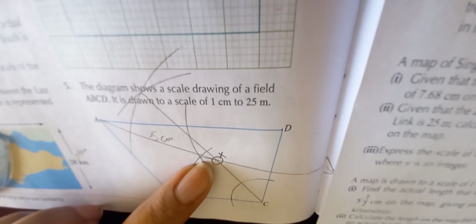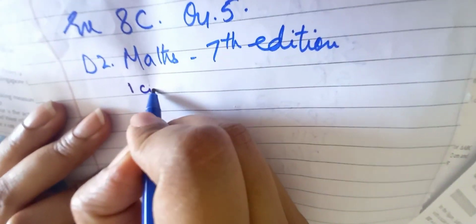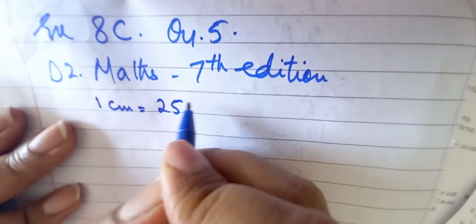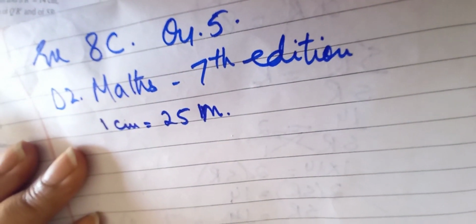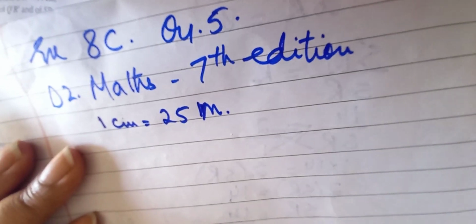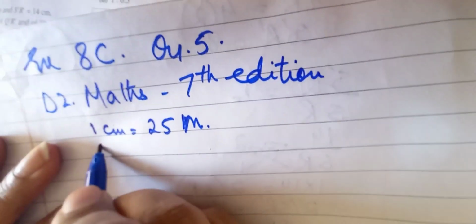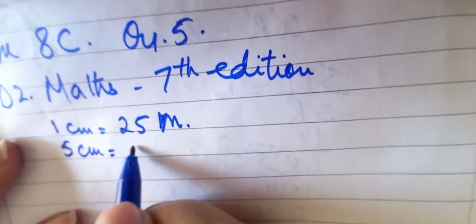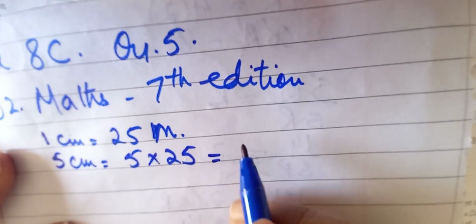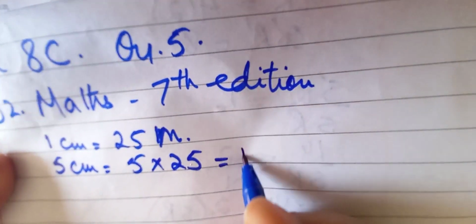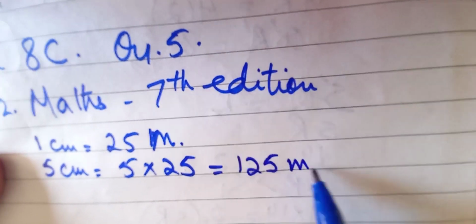Now I know the scale which is given in the question: 1 centimeter is equal to 25 meters. So 5 centimeters is equal to 5 into 25, which is equal to 125 meters. This is the answer. I hope you have understood that.